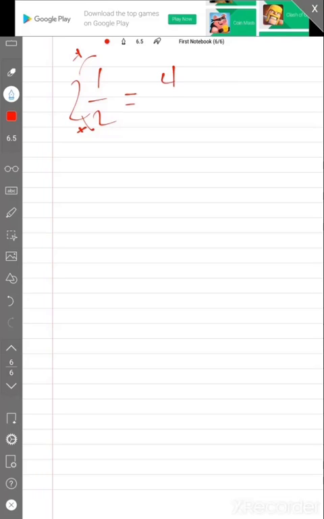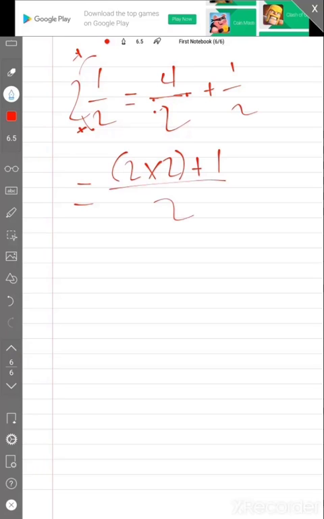So this would be 4 over 2, because 4 over 2 is 2, plus 1 over 2, which is the same thing as 2 times 2 plus 1 over 2, which is exactly what I'm doing here. So if we continue on with this, we get 4 plus 1 over 2 equals 5 over 2, which is the same thing we got from before.